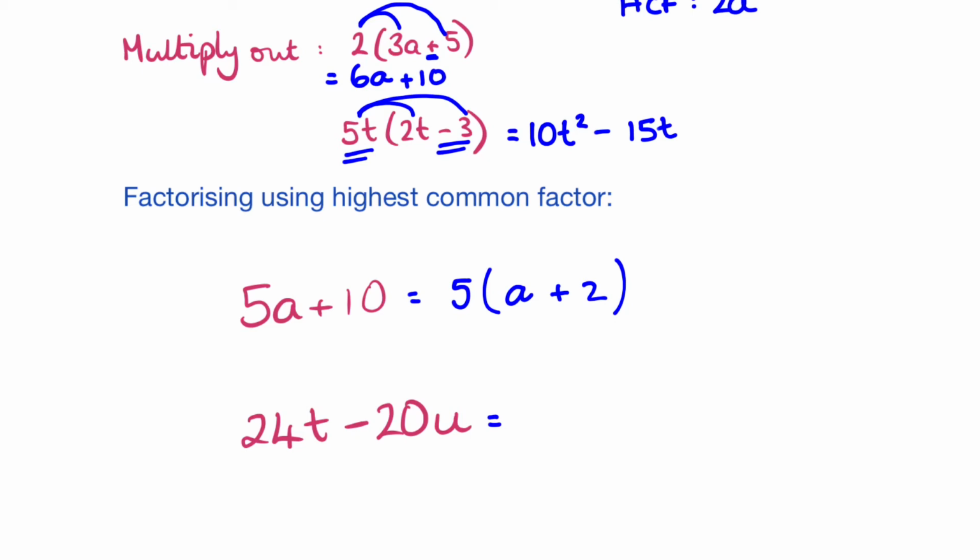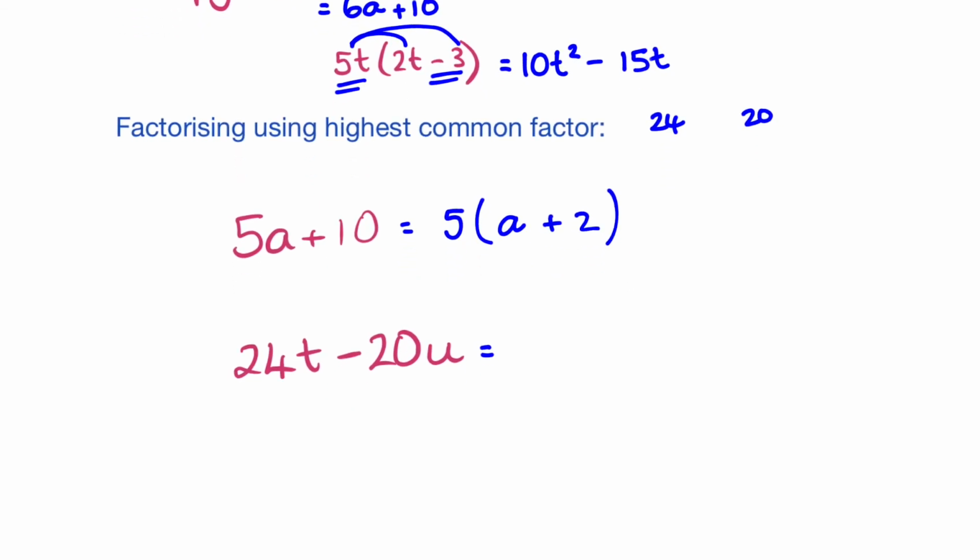highest common factor of 24 and 20. So if we wanted to, we could write out the factors of 24 and write out the factors of 20. In fact, let's just do that. So 24, the factors are 1, 2, 3, 4, 6, 8, 12 and 24.